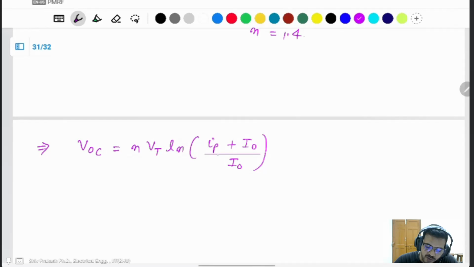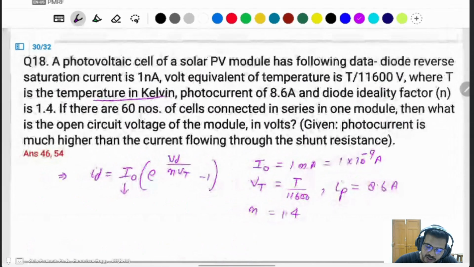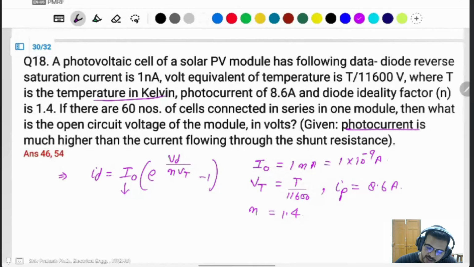IP is much more than the shunt current, so you can neglect that term when finding the open circuit voltage.